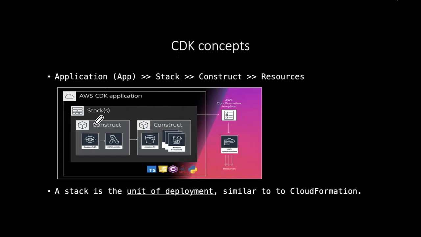A stack is comprised of constructs, and then a construct, when we execute it, will result in the creation of a number of resources on the AWS cloud. Okay, this is the code, if you like, that we write, and then when we execute that code, our infrastructure is created ultimately.